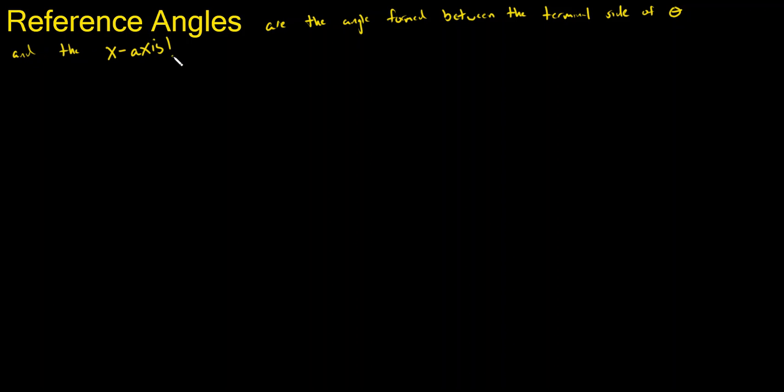A reference angle is simply the angle formed between the terminal side of our angle, let's say our angle is theta, and the x-axis.